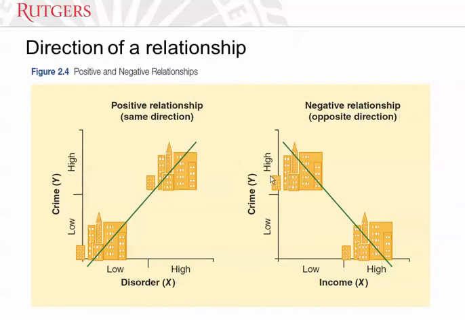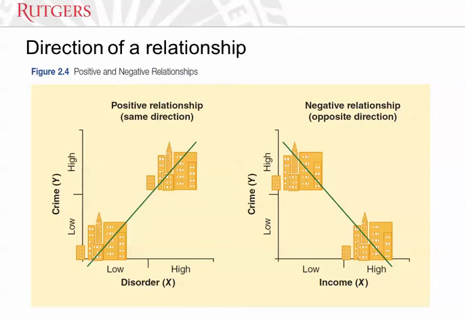So low income, high crime, high income, low crime. If that's the pattern, then we would get this kind of scatter plot, and the line would be downward sloping, or the slope would be negative. In other words, the slope runs downhill, and that's a negative relationship.